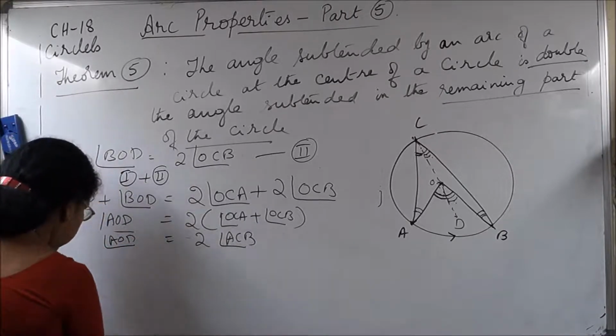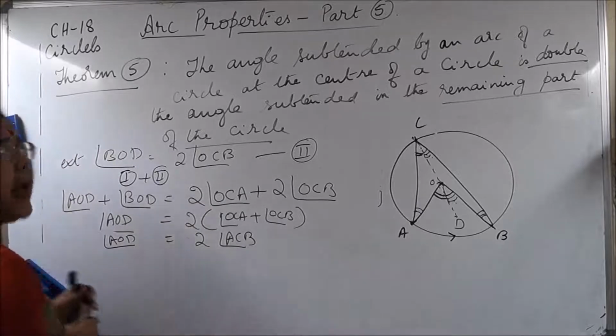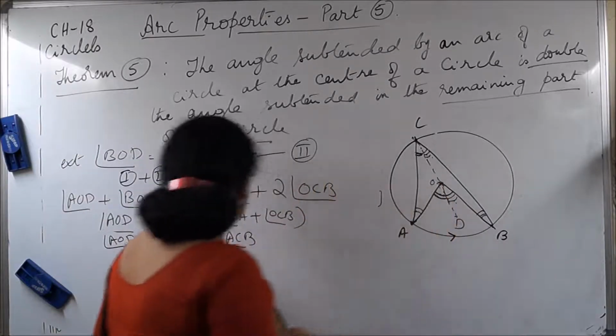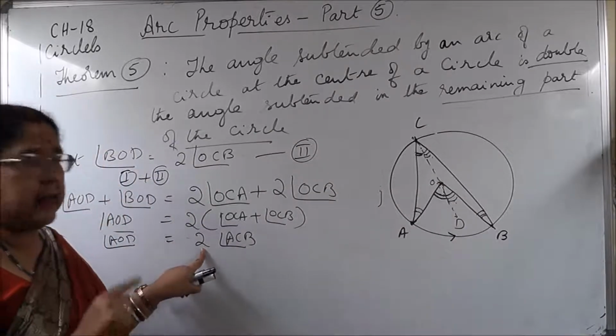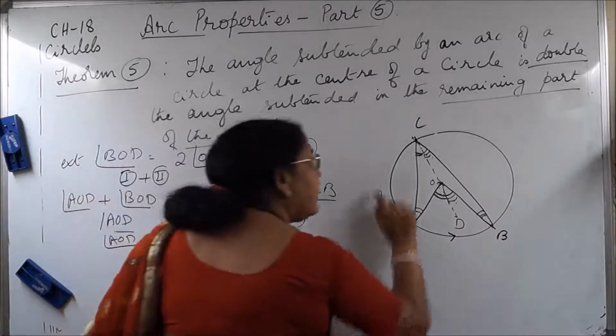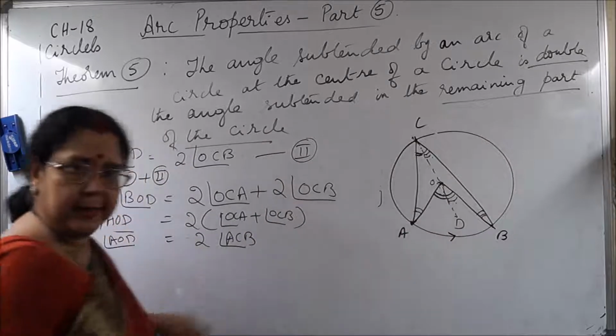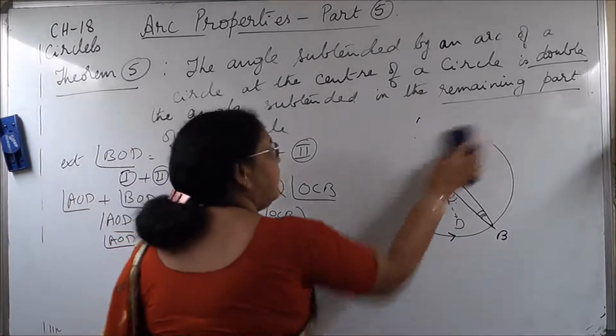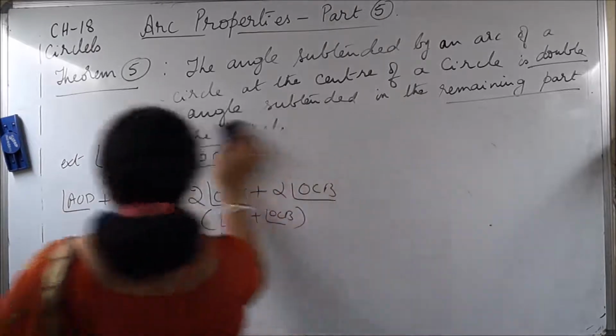So that is what the theorem says, that the angle subtended by an arc at the center is double the angle subtended in the remaining part of the circle. Now let me give you some examples, different questions.